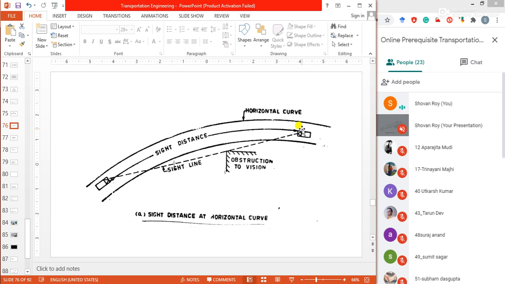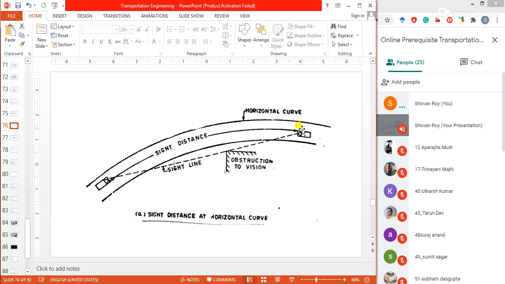So sight distance is required to design a road or carriageway well. As an engineer, we should provide proper sight distance at any location of the highway, carriageway or pavement, at any position, in any environment. We should provide the proper sight distance to operate the vehicle properly.